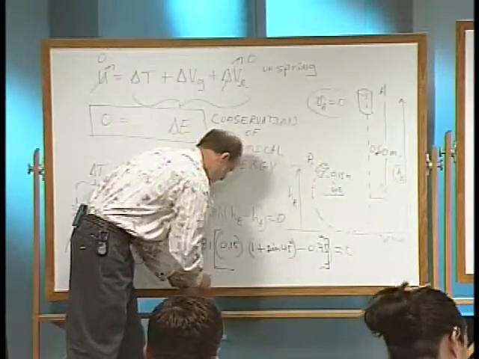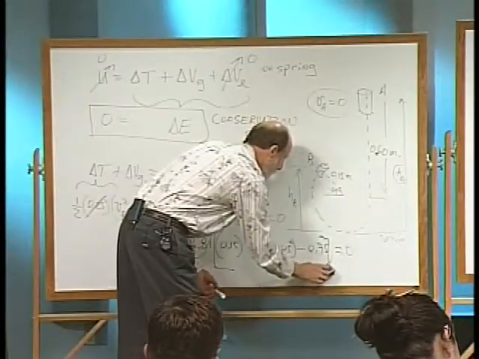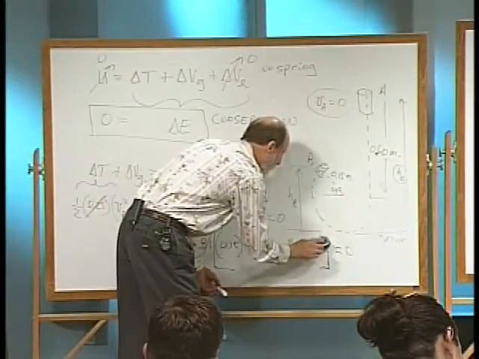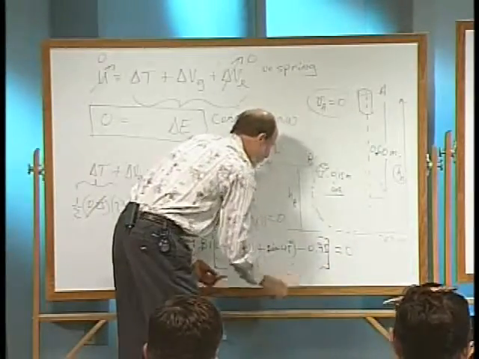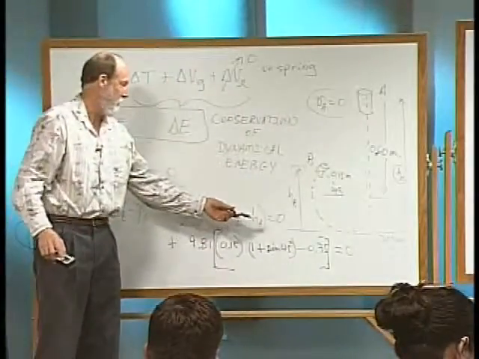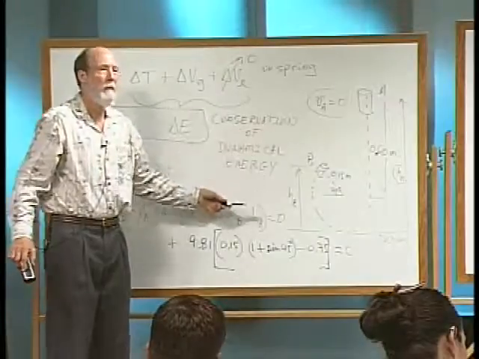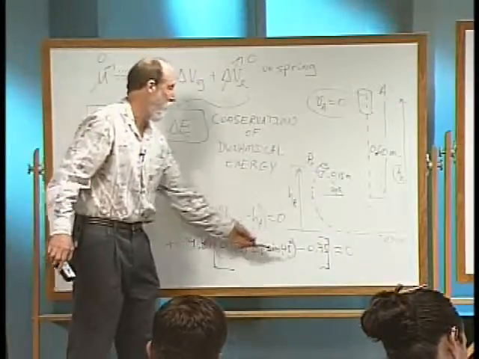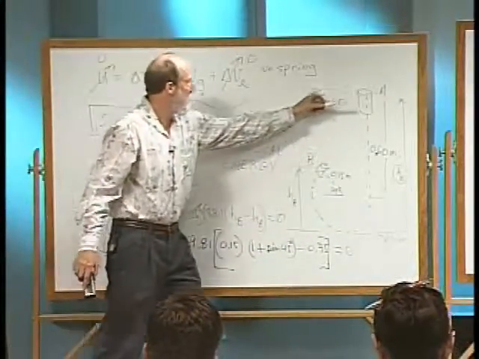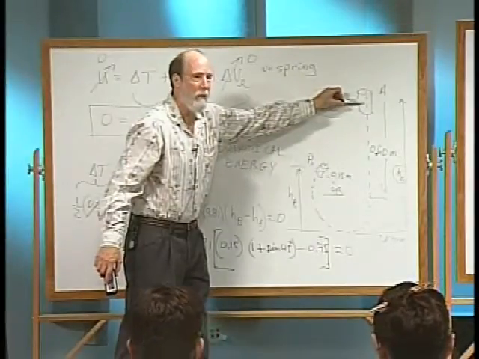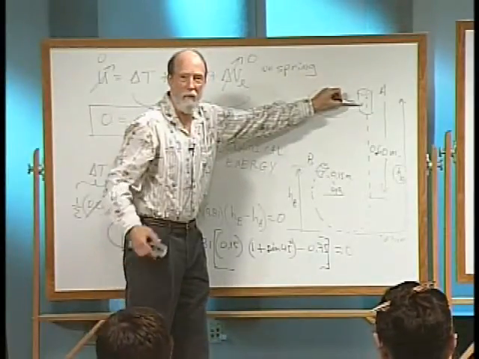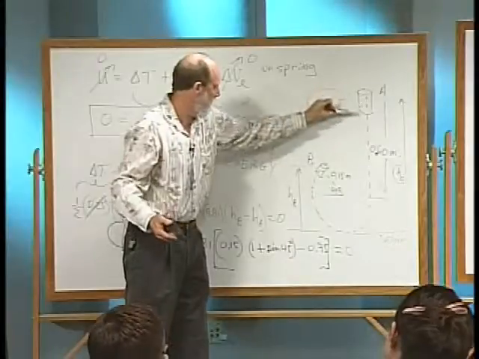Now, why do you think I was aware something wasn't right there? It was going to come out to be positive. Yeah, the result there would have been positive. And what do we know? If the object was here, what kind of change in gravitational potential have we seen?